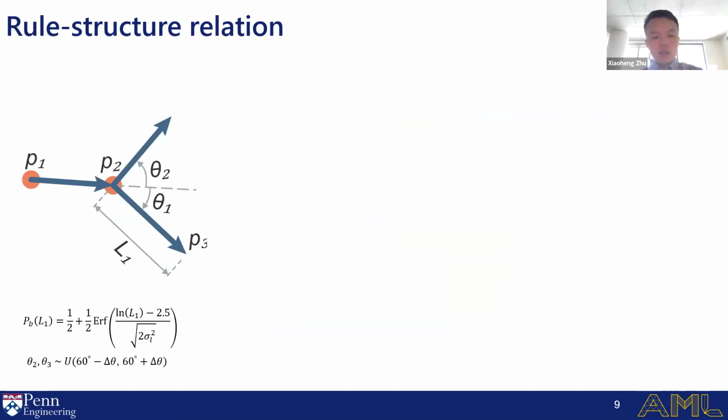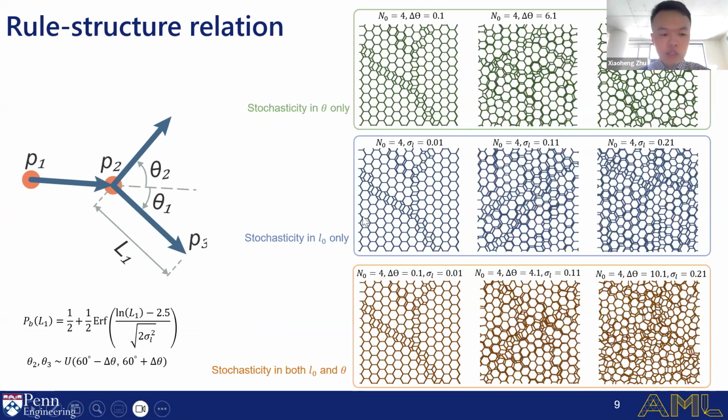So with all of these setup of the rules, we try to study the rule structural relations. As I mentioned, there are two sources of stochasticity: in the beams and on the bifurcation angle. So here we show the case that by easily tuning the two parameters, we can generate from highly regular lattices to highly stochastic lattices over here.